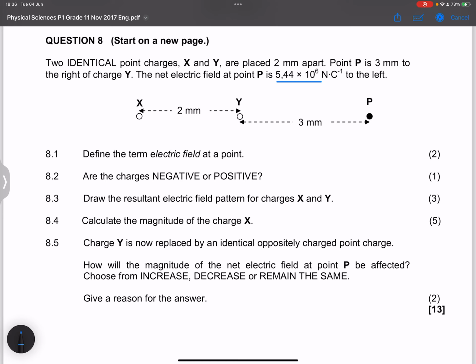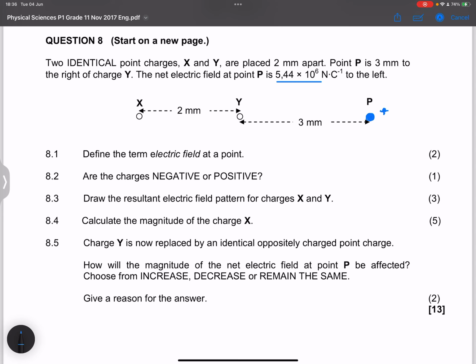Now, the fact that they told us that P is simply a point. So remember, what we're going to do, we always do this, is assume that that is a positive point charge, a test charge. So we assume that point to be positive.